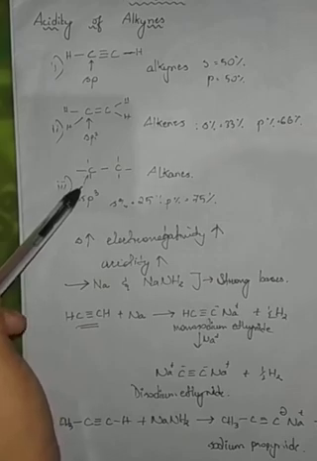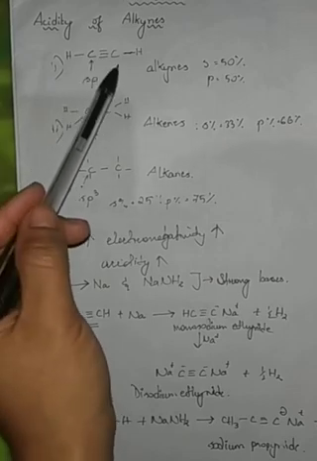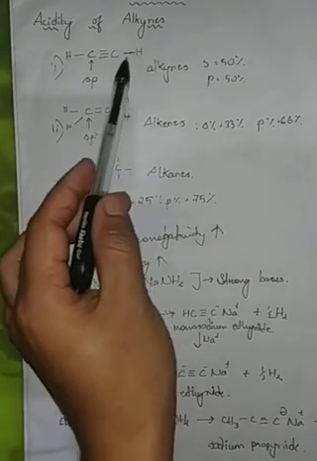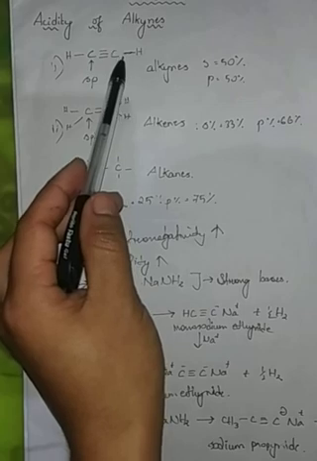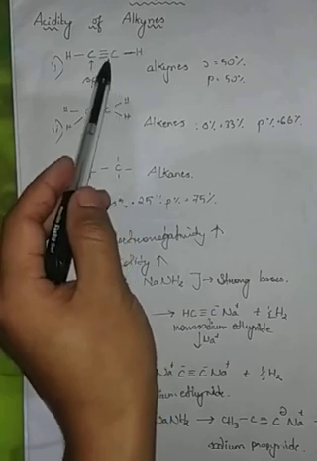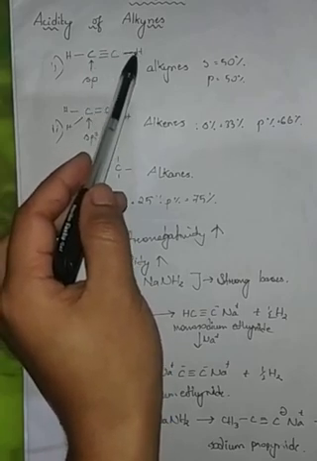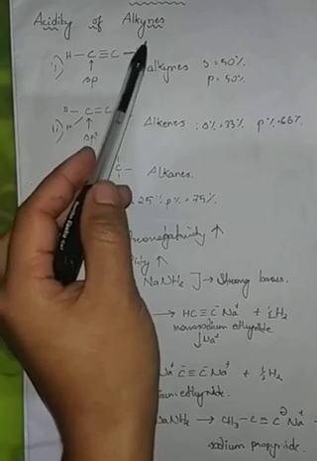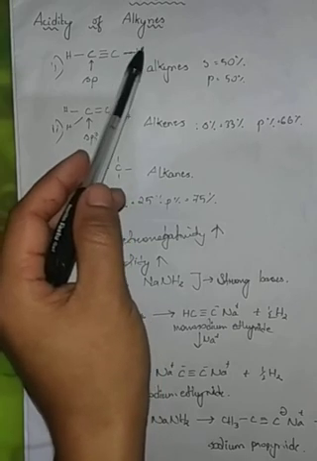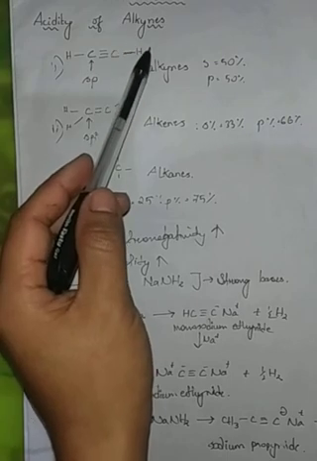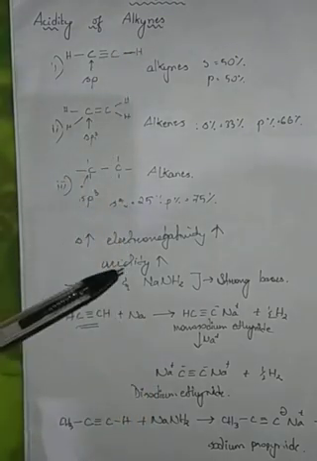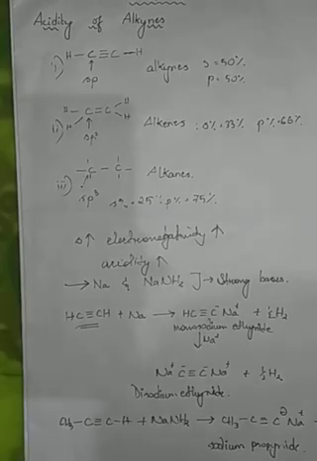Thus the bond becomes polarized, and the hydrogen atoms attached to these triply bonded carbon atoms are acidic in nature. They can be easily liberated, and that shows that the hydrogen atoms are acidic in nature. And therefore, in this way, the acidity of alkynes is explained.